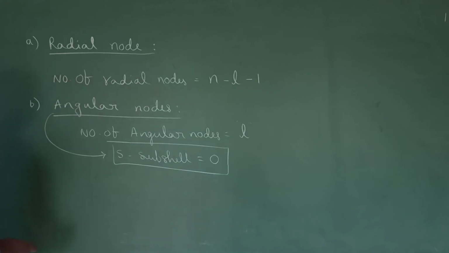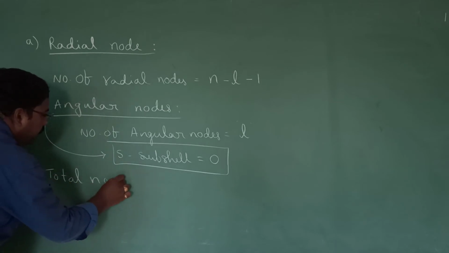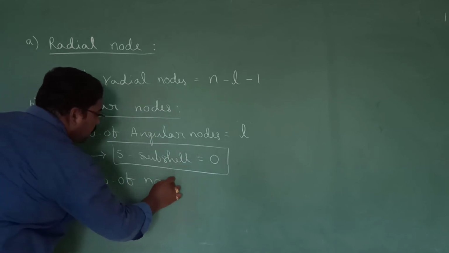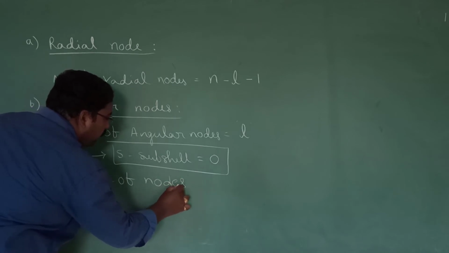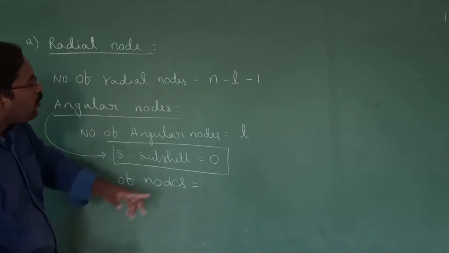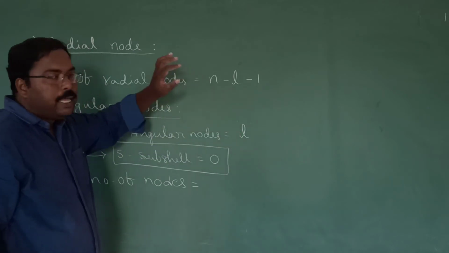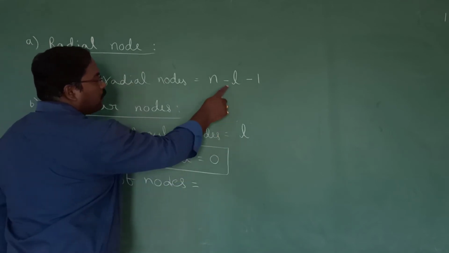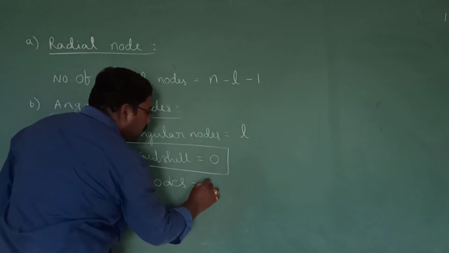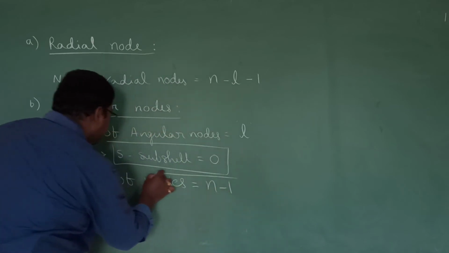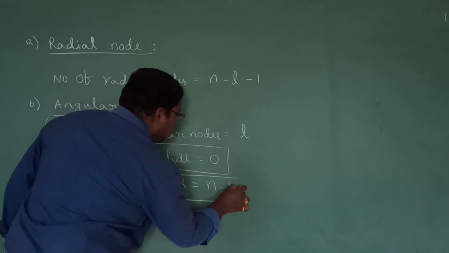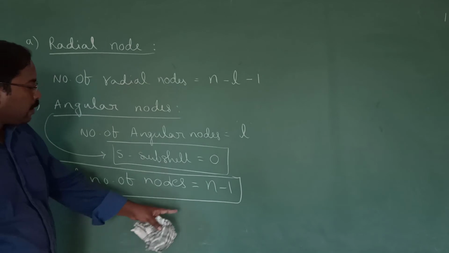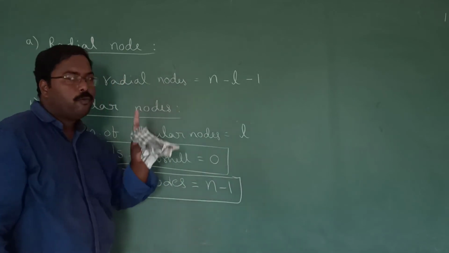Now, if they ask you to calculate the total number of nodes in an orbital, the total number of nodes is equal to the sum of angular nodes and radial nodes. If you add these two, minus l plus l gets cancelled. So the formula to find the total number of nodes is equal to n minus 1.